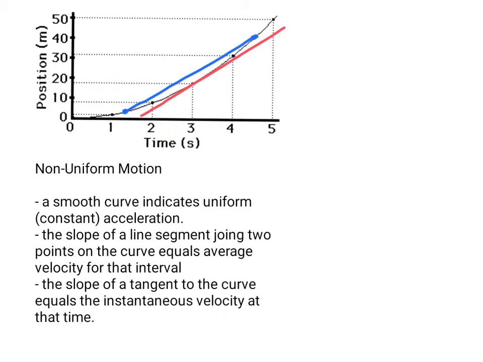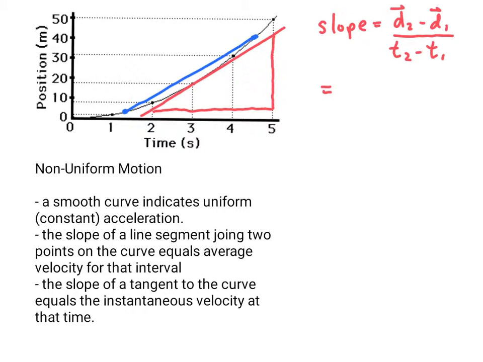The tangent touches the curve at only 1 point. So this tangent touches the curve at about 3 seconds. So if we find the slope of that tangent, like so, with our rise and our run, then the rise and the run are position 2 minus position 1, over time 2 minus time 1, which is another way of saying rise over run.